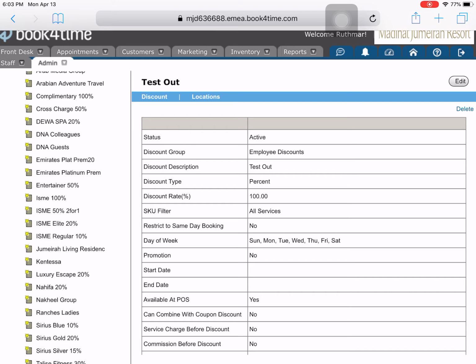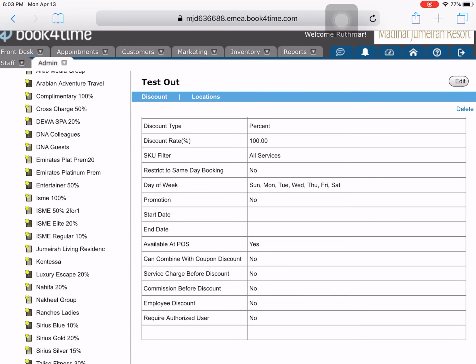So the SME, the DNA, the Jumeirah Living are on my list, once we come back to work, we will raise a request that they need to provide us something for a proper backup.